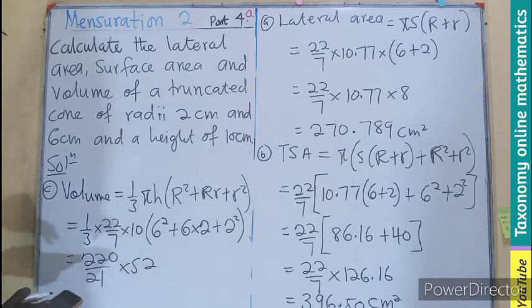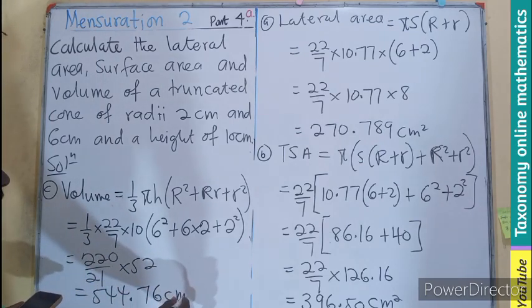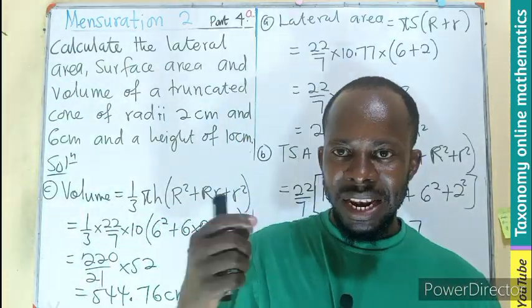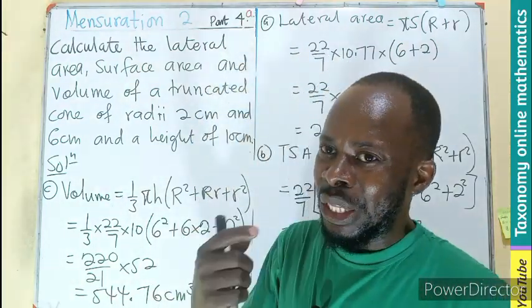If we compute this on our calculator, it will give us 544.76 centimeter cubed.